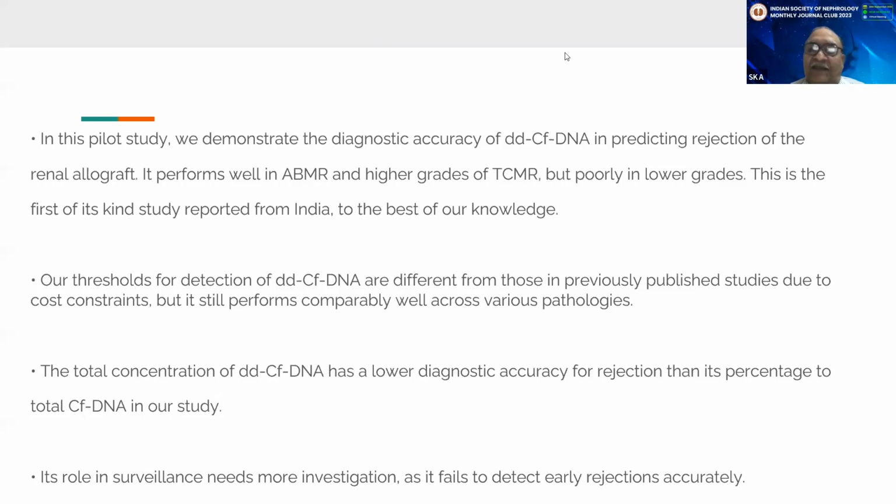The next point is that I find it a little odd to club the stable patients with no rejection. Those two are separate groups and should be analyzed separately. Another point is that stable was taken as creatinine less than 1.5, and many patients with 1.4 or 1.3 may not have a normal graft. They might have a stable graft, but it may not be normal. And we know that cell-free DNA can be increased; in your study also, one patient with IFTA had high cell-free DNA.